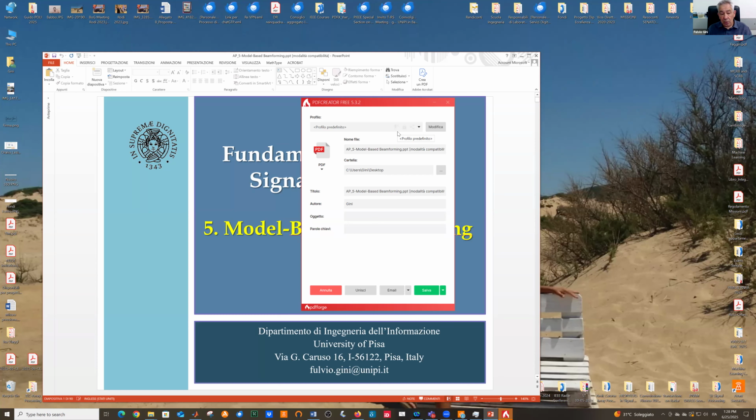They are non-parametric, so non-model based, but they are adaptive. And the third big category of beamforming methods are the parametric or model-based methods, and we will talk about them tomorrow.